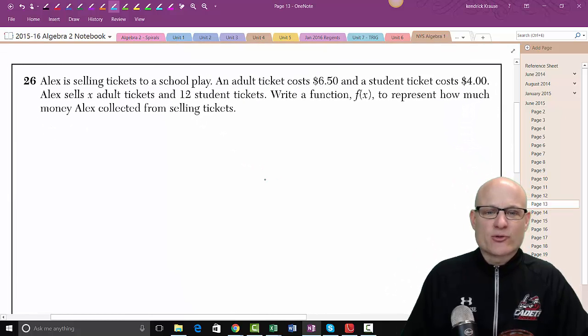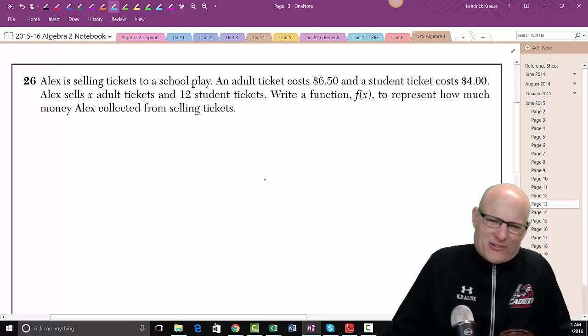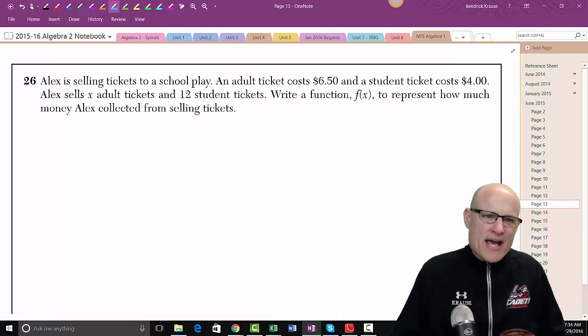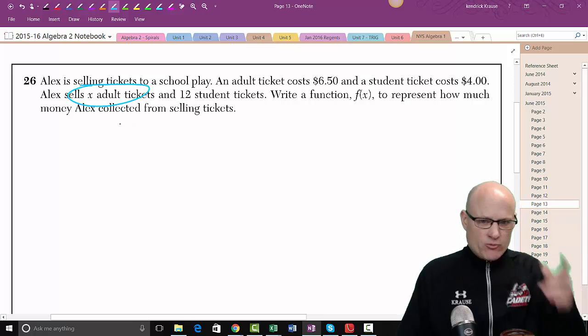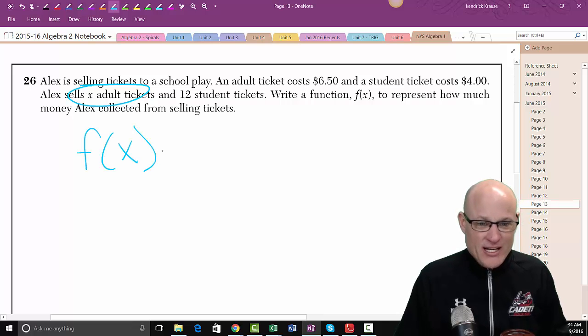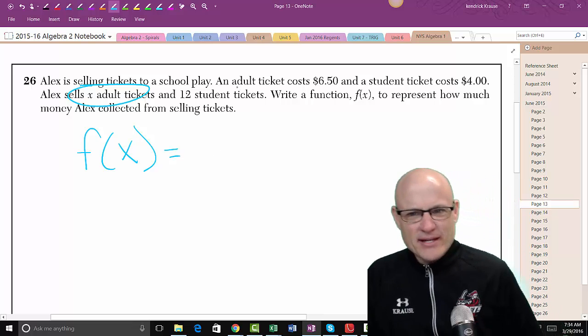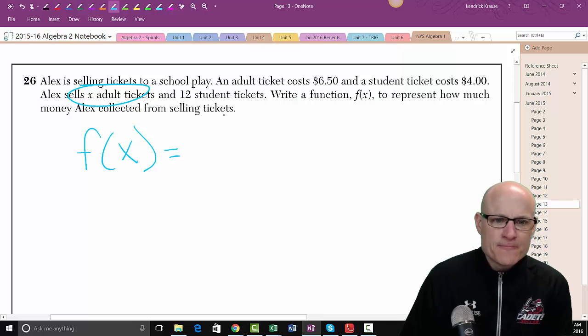Alex is selling tickets at a school play. An adult ticket costs $6.50, while a student ticket costs $4. Alex sells x adult tickets and 12 student tickets. Write a function f of x. By the way, if you don't write f of x equals, what? Let's do that. How much Alex collected from selling tickets? Let's see.